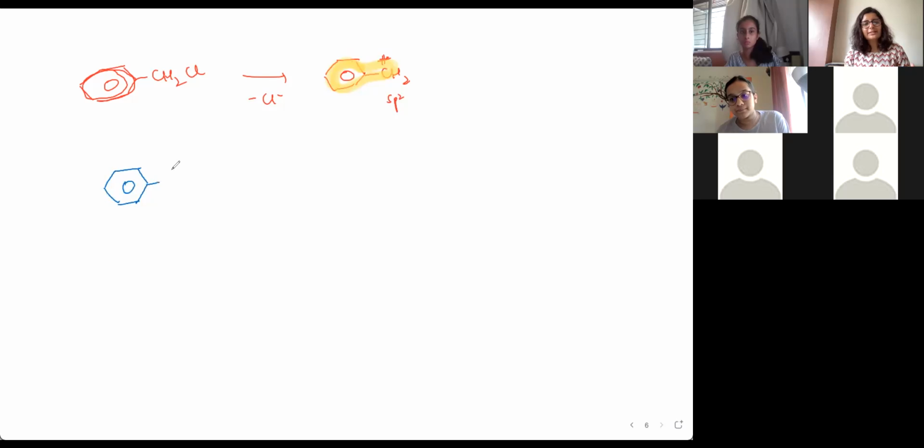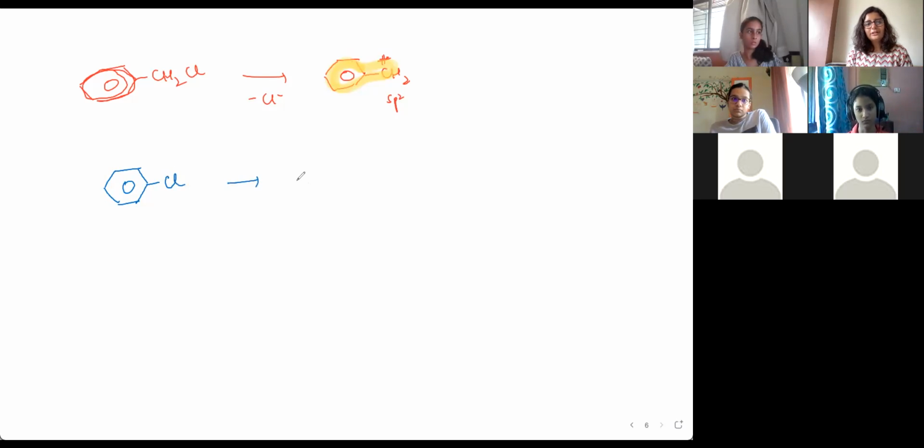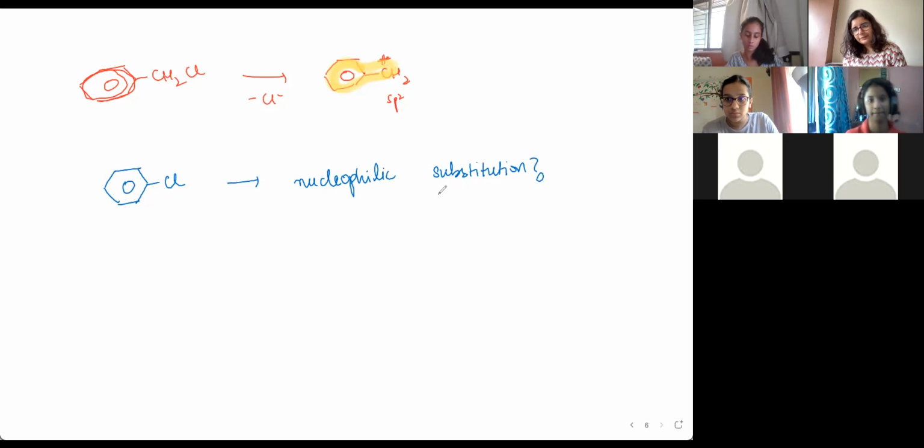This is something we discussed when we were talking about phenols also. Will these undergo nucleophilic substitution? Electrophilic substitution, correct. Why not nucleophilic substitution?